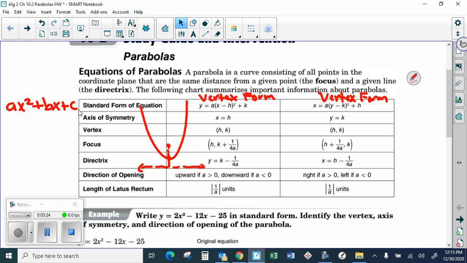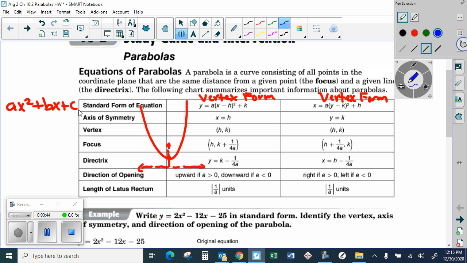Okay, any point on the parabola, if I pick from here to, let me change the color here, from here to say this point right here, that would be equidistant from that point to the directrix.